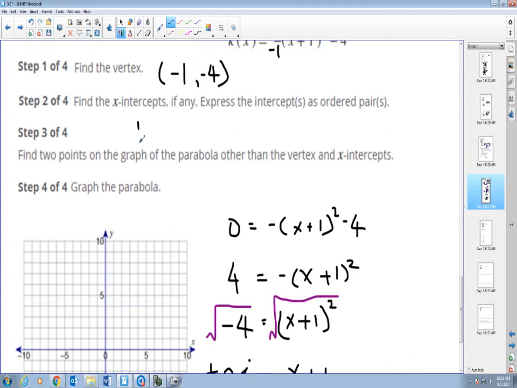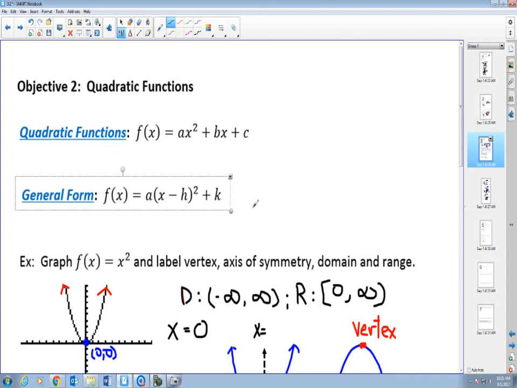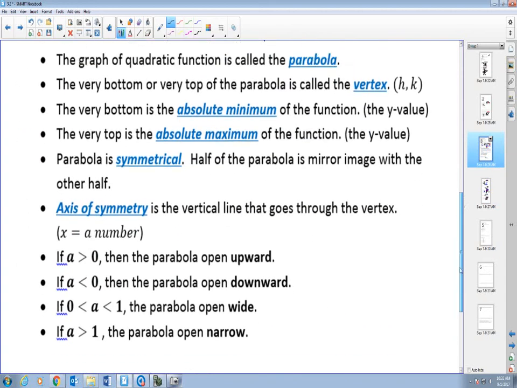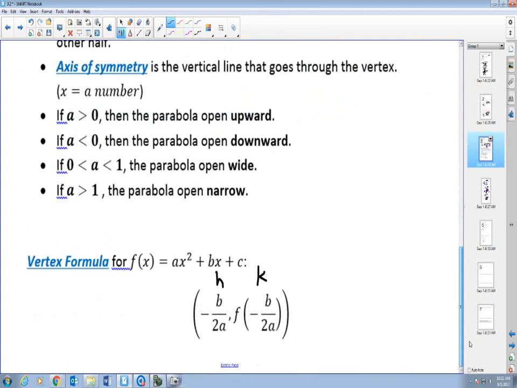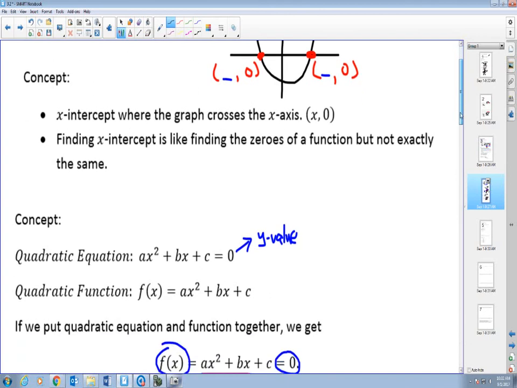So find x-intercept, we got none. But remember earlier I mentioned something about, where was it? Right here. Finding x-intercept is like finding the zero of a function, but not exactly the same.